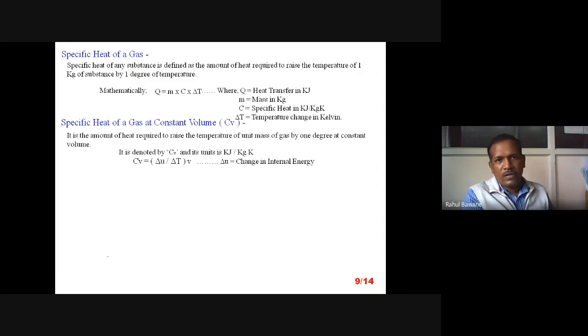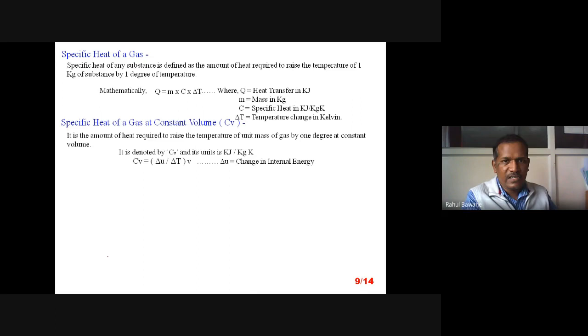So we are providing some heat, and with that amount of heat, suppose the unit mass of the system rises in temperature through 1 degree, then that particular amount of heat is known as specific heat.